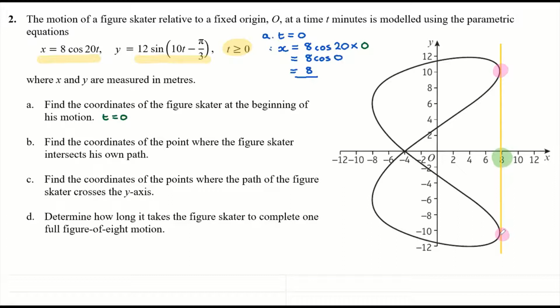So let's find out where this location actually is by subbing t equals 0 into the equation for y. So when t equals 0, y is going to equal 12 multiplied by the sine of 10 multiplied by 0, and then we have to subtract pi over 3. Like so.